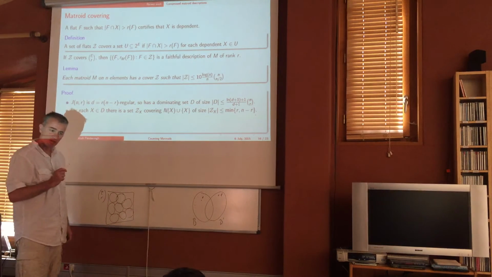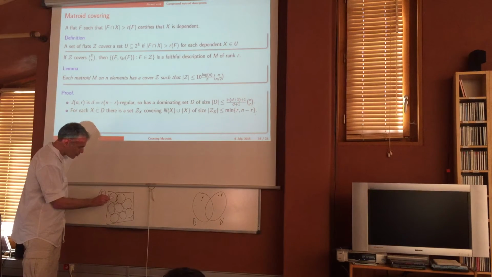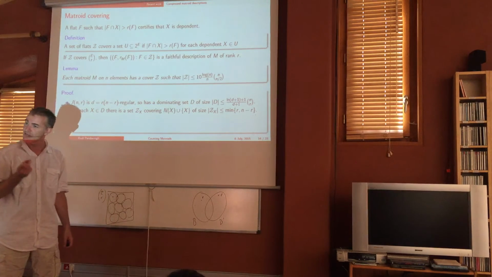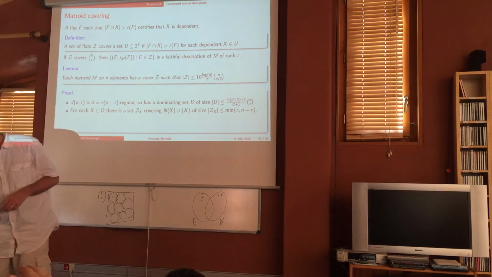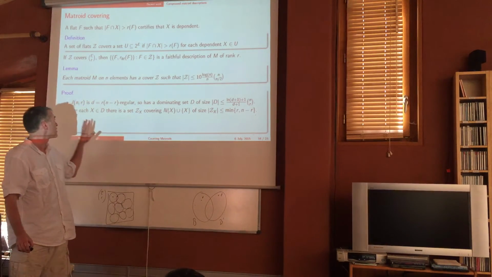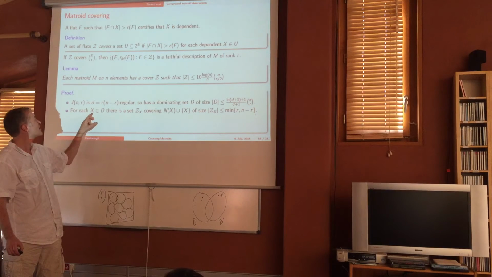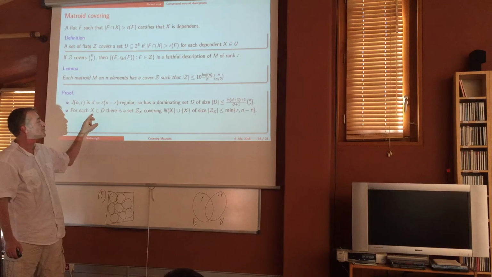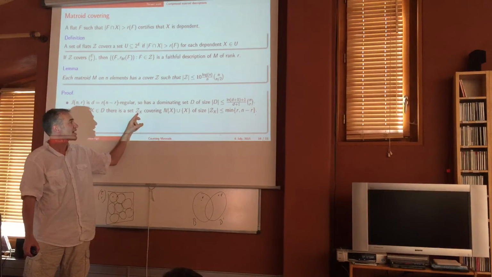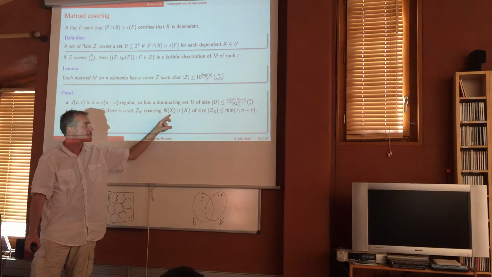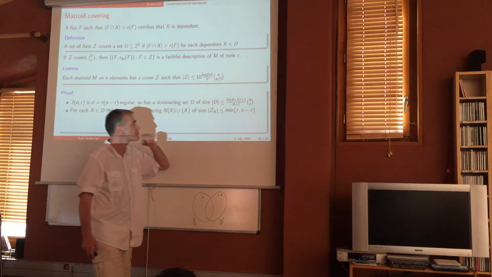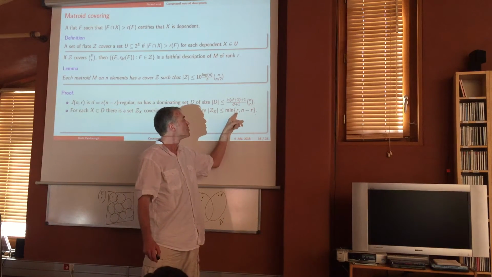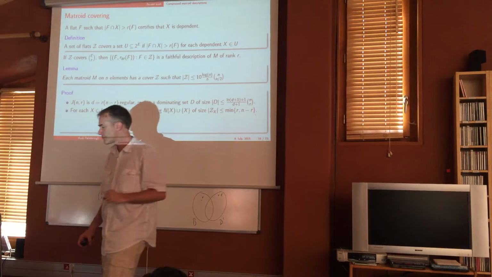So we're good if we know a way to cover all the R sets in the neighborhood of a fixed set with few flats. And we can. If you take any X, any R set, then you can make a set ZX covering that set itself and its neighborhood, of a size which is at most the minimum of R and n minus R.